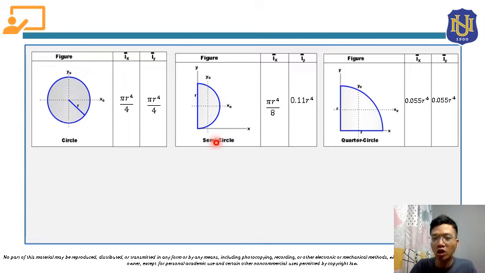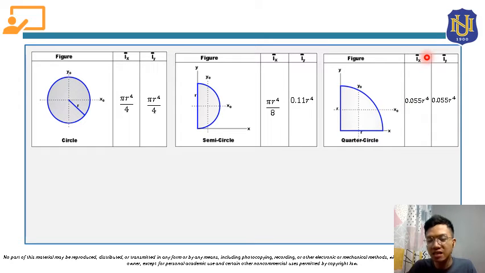Also, for the moment of inertia of a quarter circle, this is our quarter circle, and this is the orientation for these values. If you measure the x and y centroidal moment of inertia, the centroid of this quarter circle will be located somewhere here, so this will be the x and y centroidal axis.